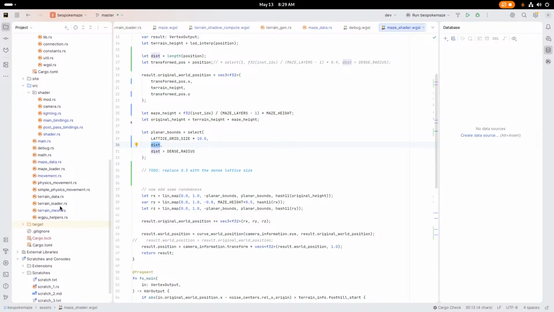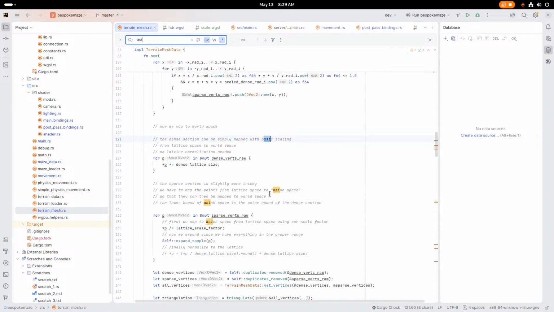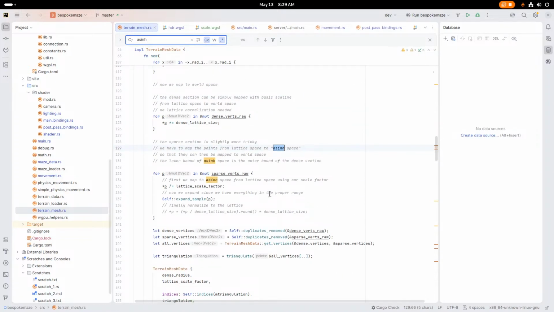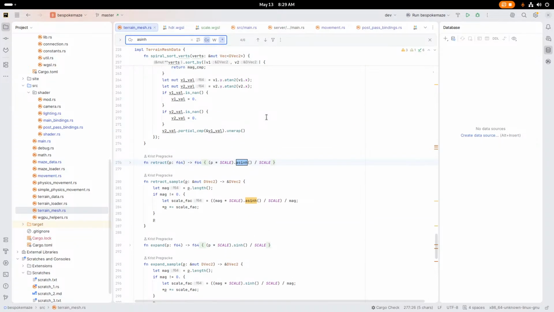the equation that I use in the terrain mesh is a sinh, right?